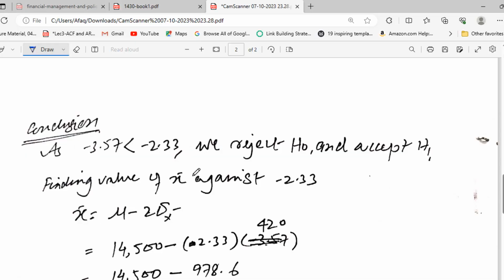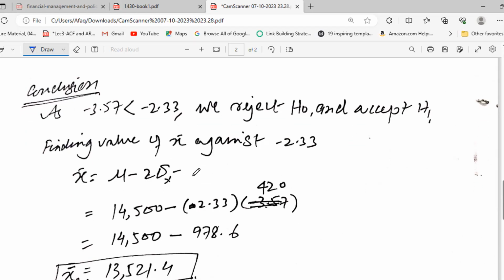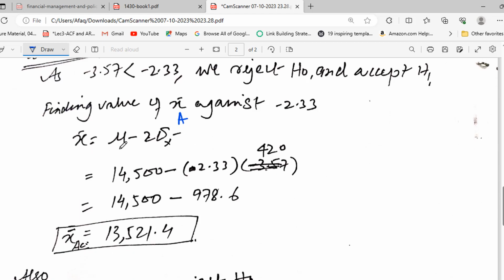Now look at the same approach from another perspective: finding the value of x bar for minus 2.33. This x bar value we are going to determine as per the acceptance region, so we denote it by x bar a. So x bar a is equal to mu minus z times the standard error. Remember that this z is the critical value, because we are determining the value of x bar regarding the acceptance or critical region.